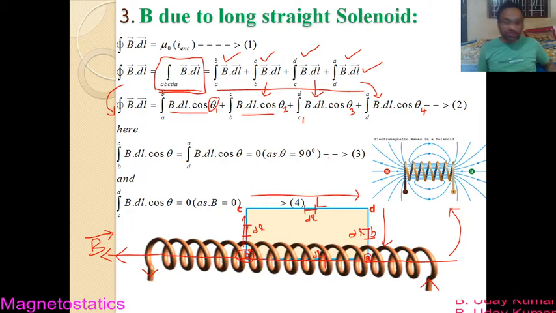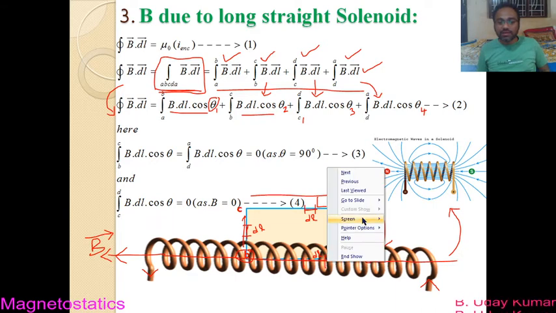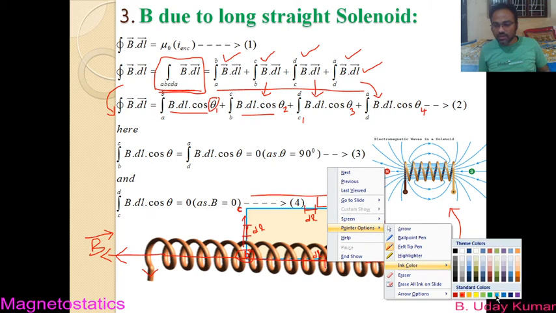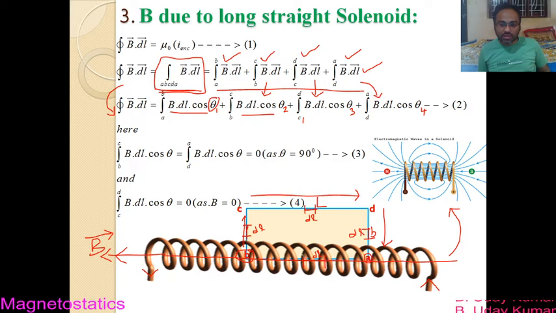Okay, so for convenience, let me take some other color, say some blue here. So this is dl, right? I hope it is visible.